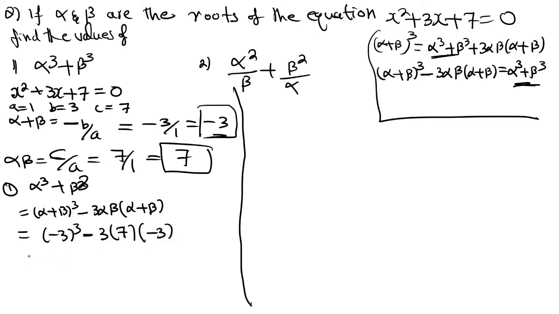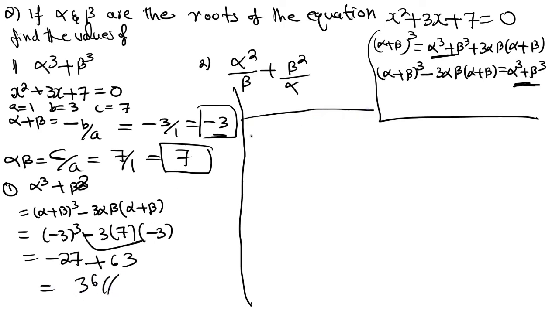Next, minus 3 whole cube is minus 3 into minus 3 into minus 3, which is minus 27. Here minus into minus is plus: 3 times 3 is 9, 9 times 7 is 63. So 63 minus 27 you need to calculate. 63 minus 27 equals 36.